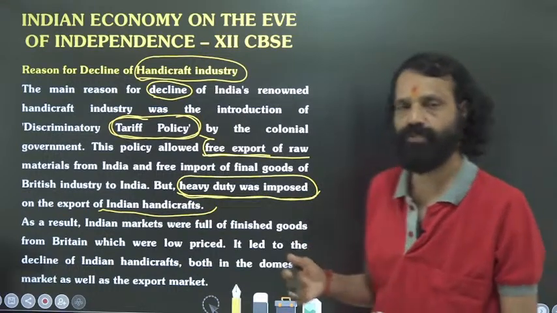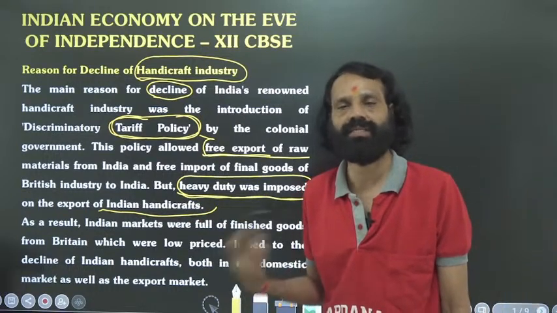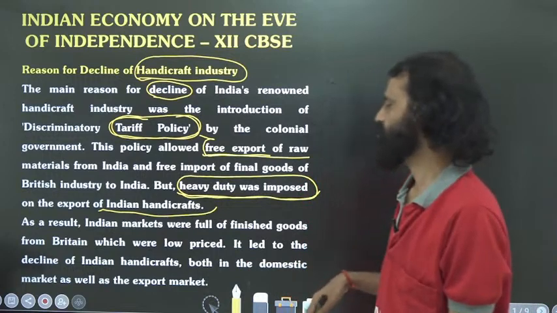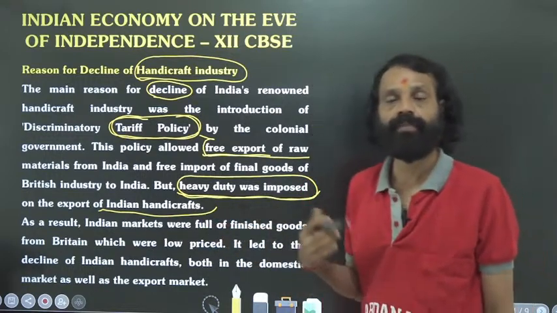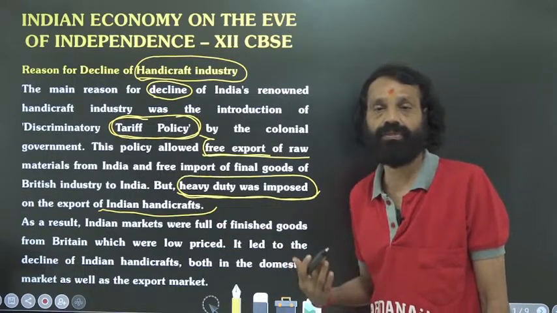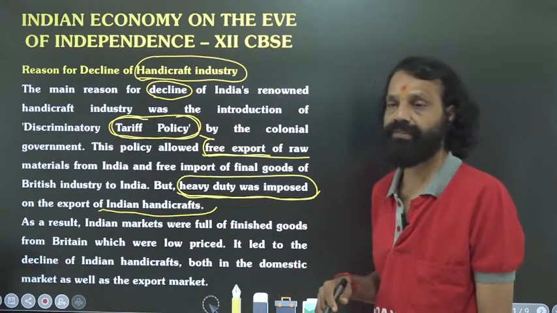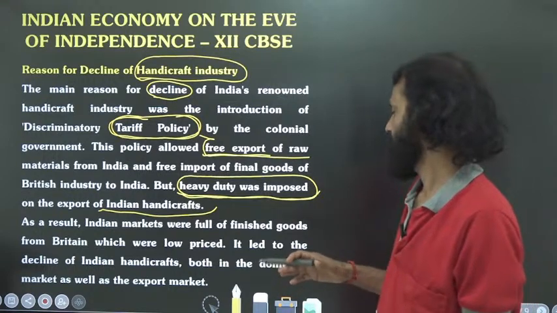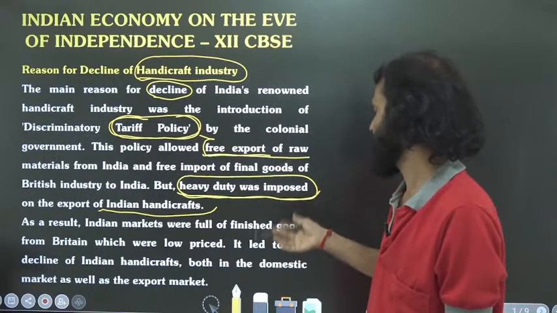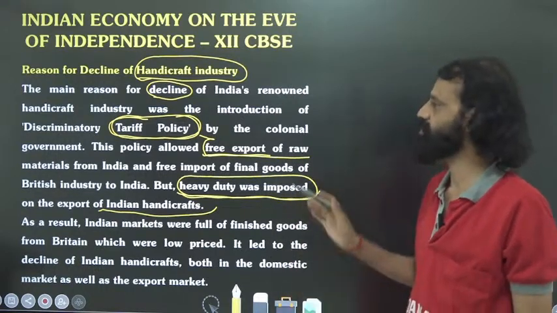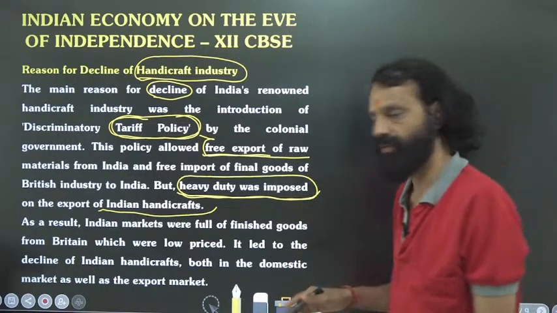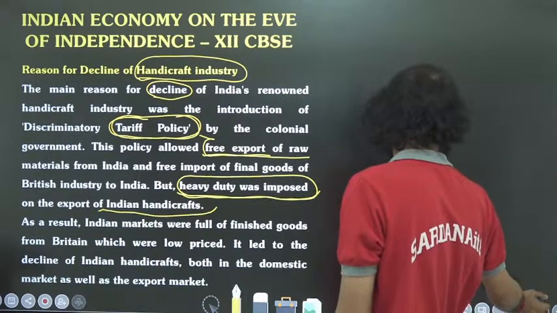Export means sending something to another country. As a result, Indian markets were full of finished goods from Britain, which were easily available in Indian markets. That is how they destroyed the handicrafts industry in India. Okay, we can move on to the next point.